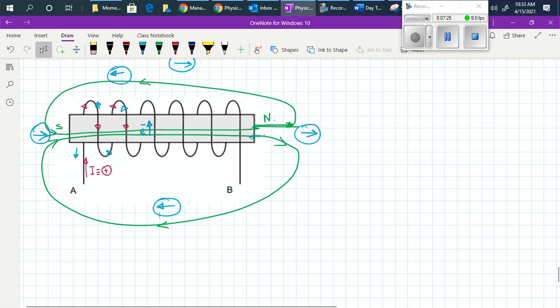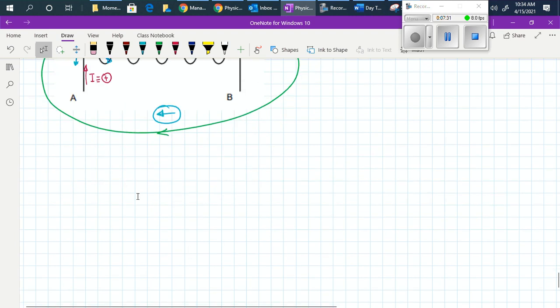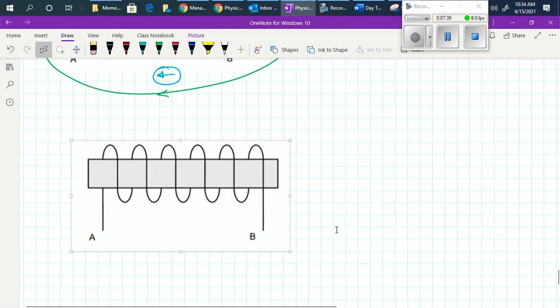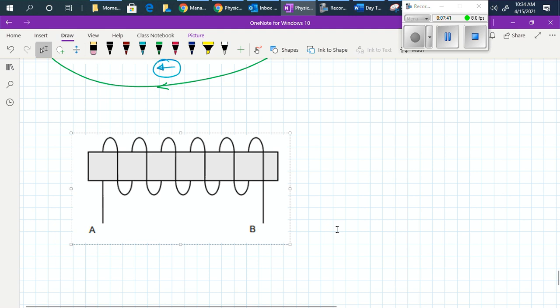And now you saw it even on the first left-hand rule. If you know the direction of the charge, then you should know the direction of the magnetic field, or vice versa. If you know the direction of the magnetic field, then you should know the direction of the charge.